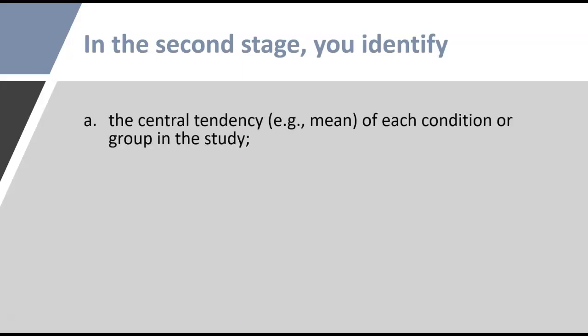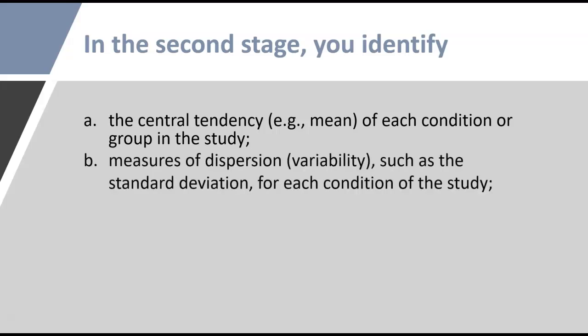Now, in the second stage of data analysis, just to review here, what are we doing in this second part? After we've cleaned up our data, now we're giving our reader a picture of who our participants are and how they are generally scoring on our variables of interest. So we report some measure of central tendency. If we're reporting quantitative data, we report means. If we're reporting qualitative data, we report frequencies and percentages. We also provide some kind of measure of dispersion.